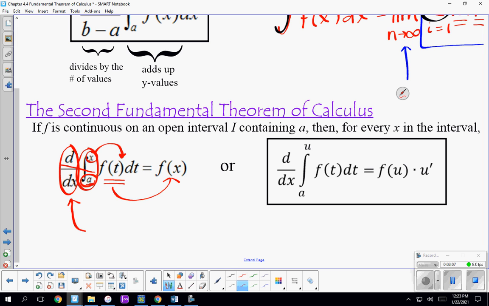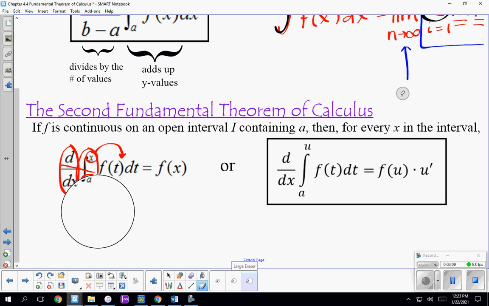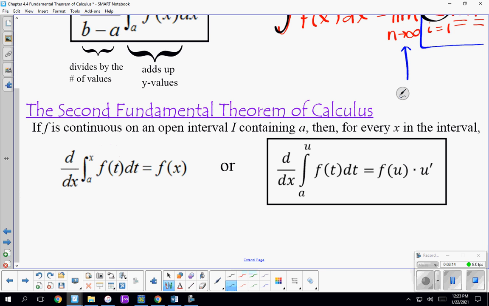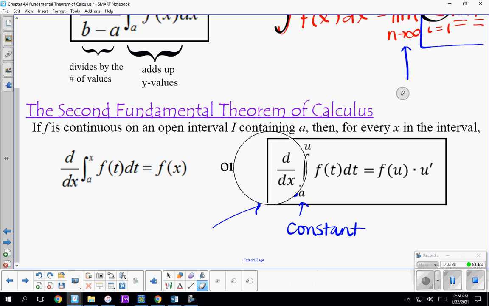Also, when I take the derivative, I do have to consider the chain rule. So the short version, and we'll talk about this more during class, is this version in the box. This is going to be a constant, so we're not going to worry about it because the derivative of a constant is 0. What we do need to worry about is whatever's up here.